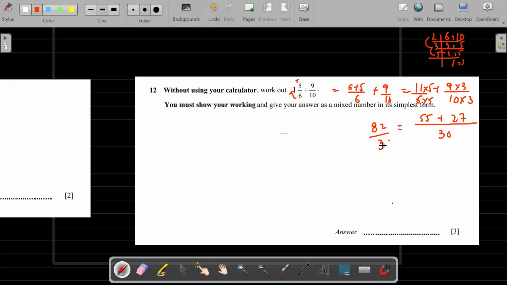Let's see if we can divide it with the table of 2. Yes, we can divide it with the table of 2. I'm just going to divide it. So 2 4s are, 2 1s are. And I think this color is not so visible. I will be choosing this one.